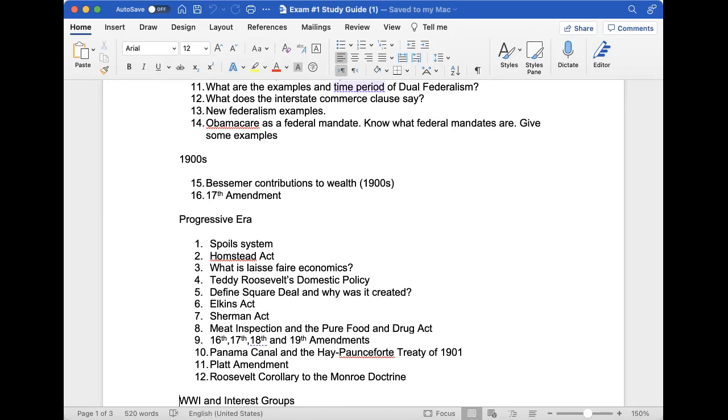Know what Teddy Roosevelt's domestic policy was? A lot of that included the Square Deal, which was intended to prevent or reverse the abuses created by unregulated businesses.